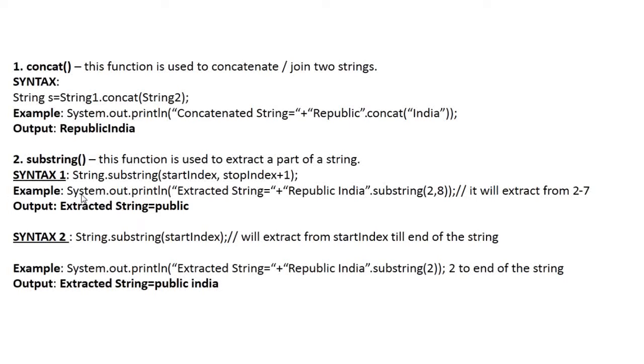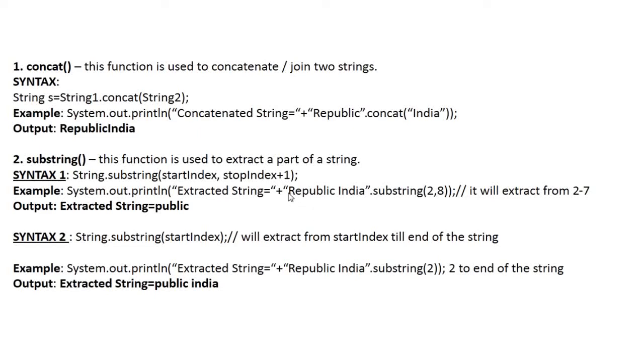So let us see one example. System.out.println. Extracted string is equal to, this is the message getting printed, and you have here Republic India. So this is the whole string. From here I'm going to take out a part of it, that is Republic India.substring, and it will start from second index to 8, that is 7th index. All of you know that index number for a string starts from 0.